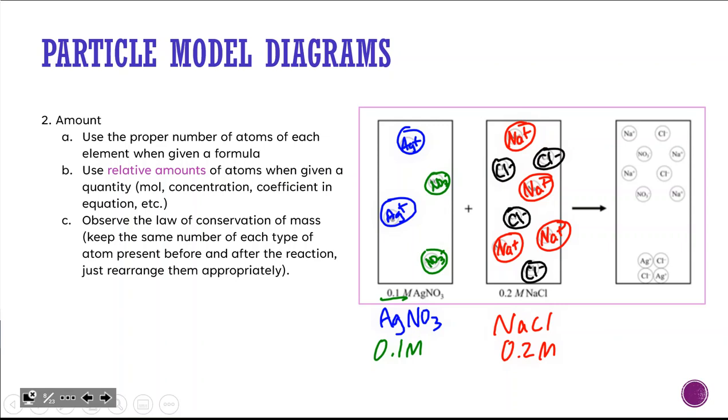Now, when these things do react, we do know that the Ag, based on solubility rules, is going to form a precipitate with the Cl. So we're going to have that precipitate out, and that's what they're representing here at the bottom. This is Ag, Ag, and the Cls. These are the Cls.